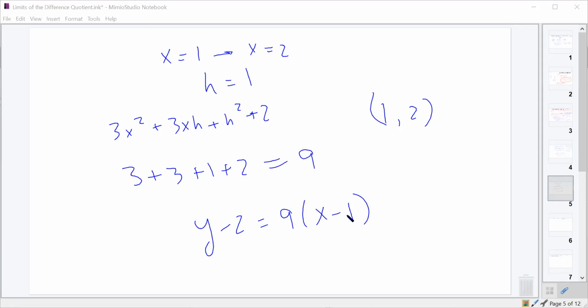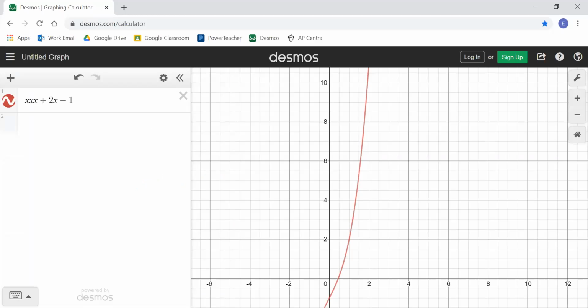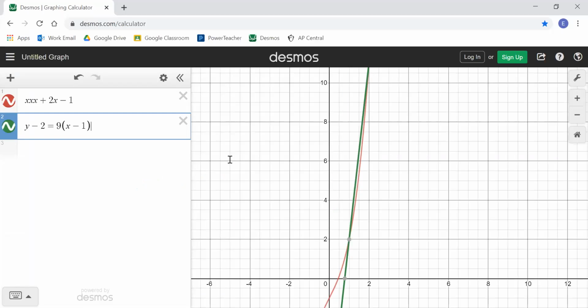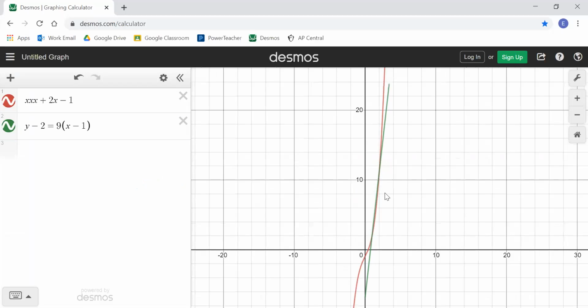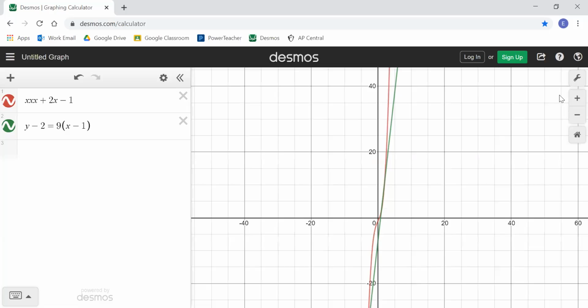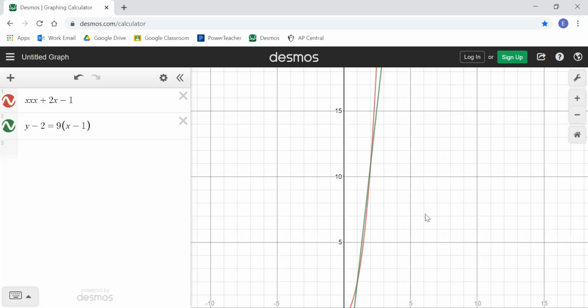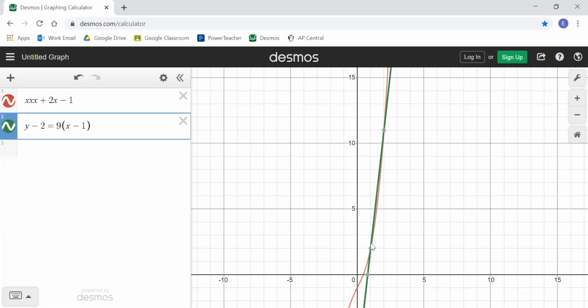And we should see that if we go plug this in, it should go through the point at 1, 2, and it should go through the point at 2, 11, and it should connect those 2 points with a straight line, right? It gave us that slope of 9 between those 2 points.